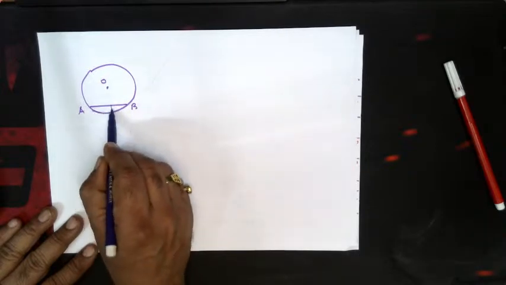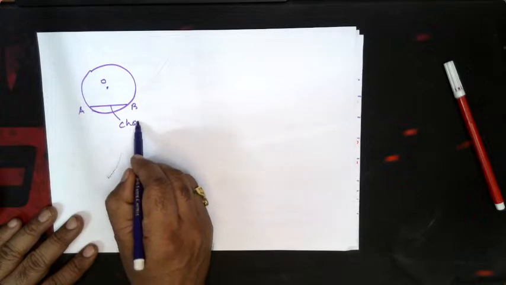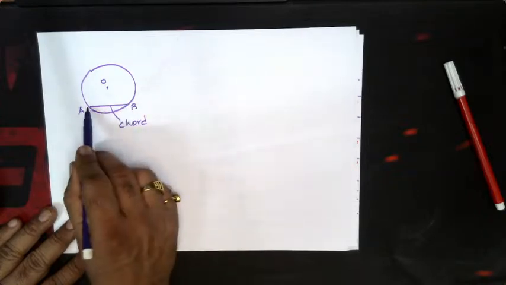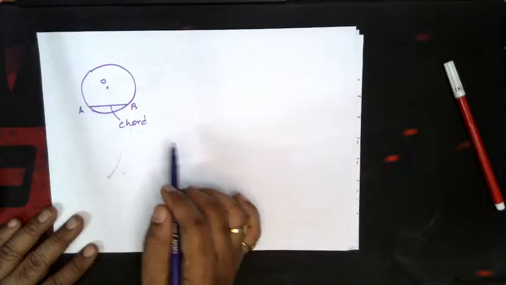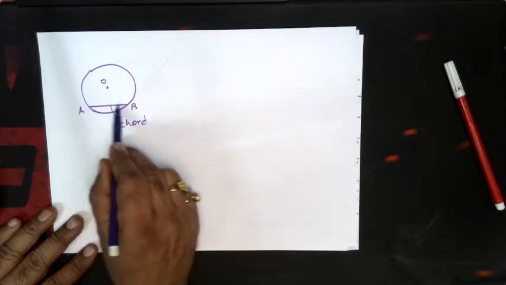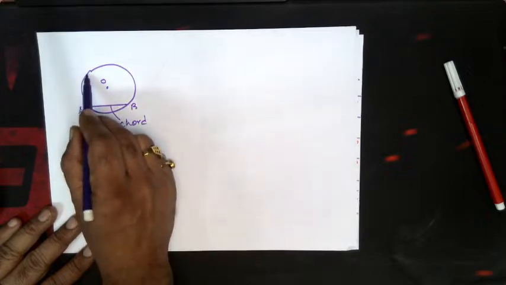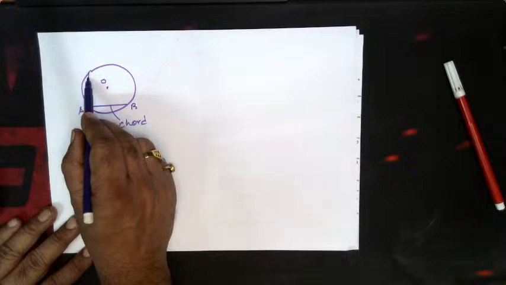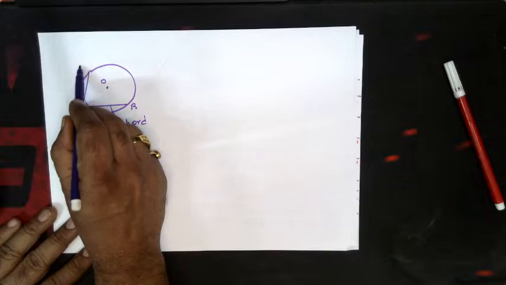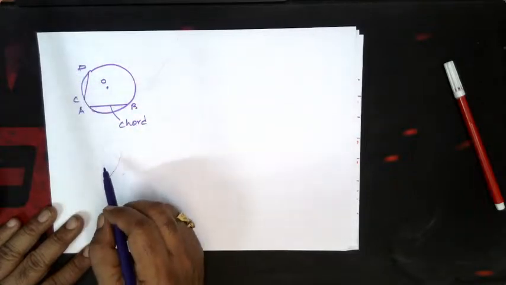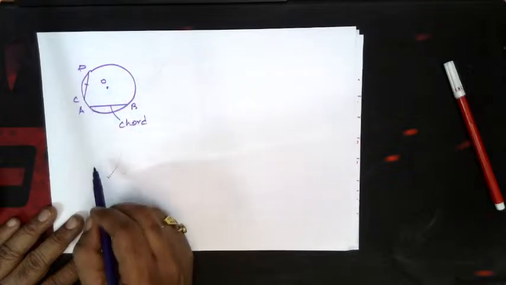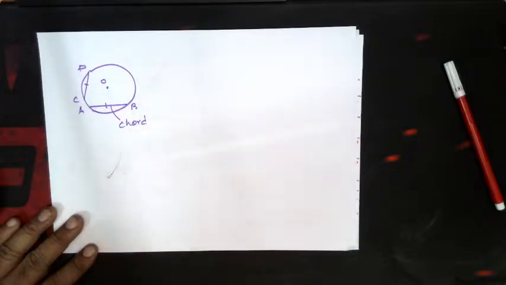So this is called a chord: the line segment that connects two points on the circle. So we have to take identical chords. For example, if it is 3 centimeters, I have to select another chord of the same length, 3 centimeters. So this is CD. So these are called equal chords. Are you able to follow? So these two are equal chords.